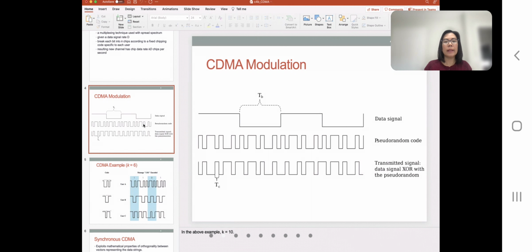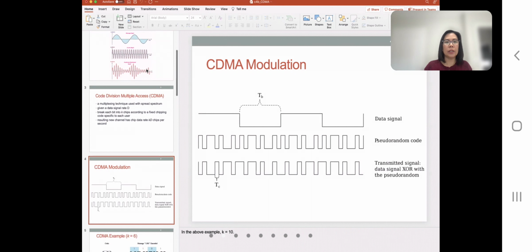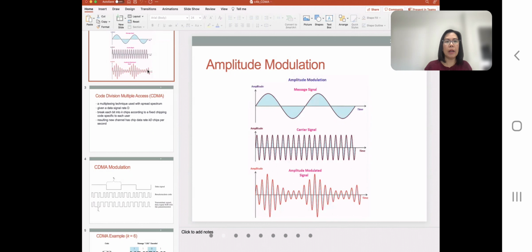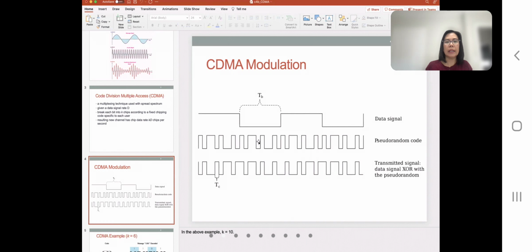So if we compare this with amplitude modulation, you see they're very similar. The signal here is equivalent to the original data, and this is the carrier with much higher frequency than the original data.